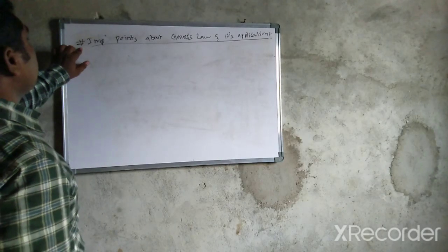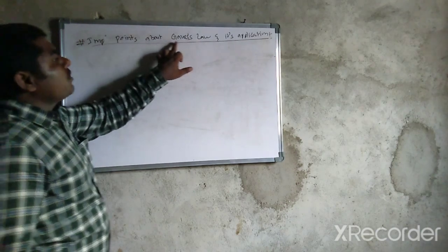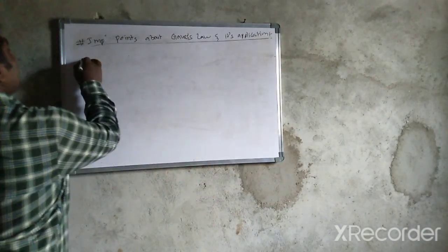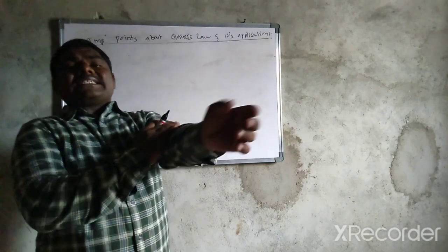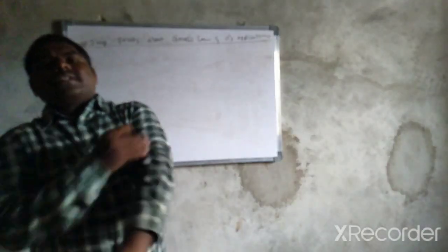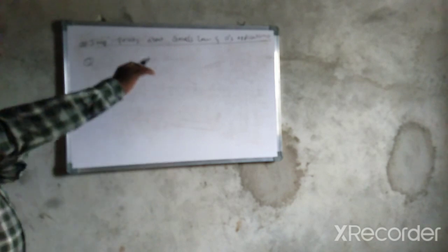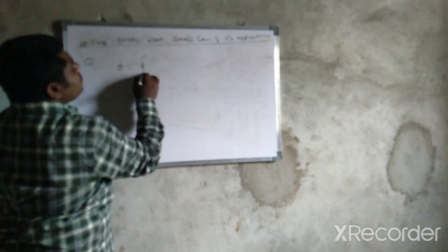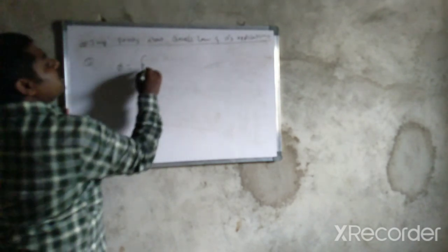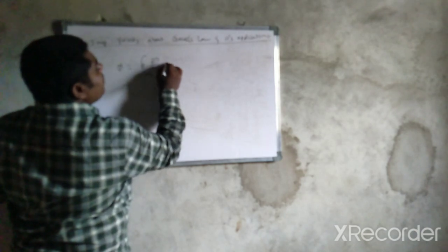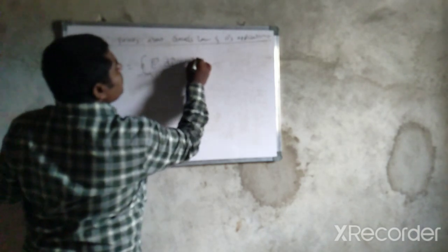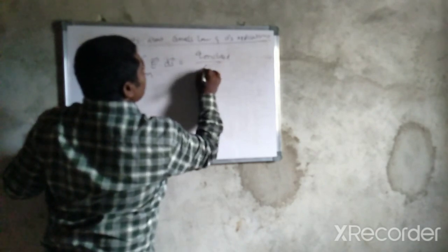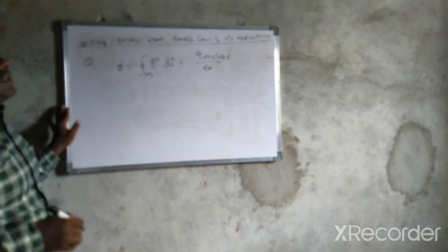Another important points about Gauss law and its application. First point: for a Gaussian surface, if Gauss law is applied, in that case flux is equal to the closed surface integral of electric field dot ds bar, which is equal to Q enclosed by epsilon naught, according to the statement.